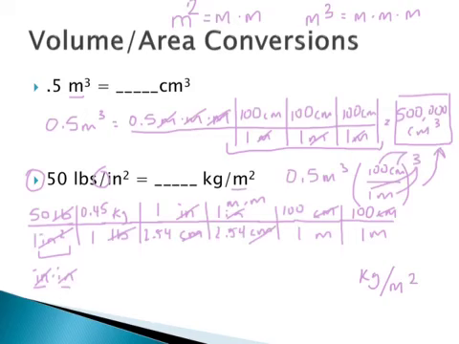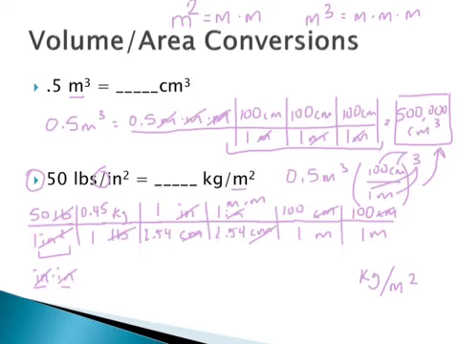And now to solve, you basically multiply the numerators, divide by all the denominators. So take out your calculator. You can start from the beginning, starting at 50. Take 50 times 0.45. Going all the way across, you can go times 1, times 1, times 100, times 100. That'll give you an answer. And then you want to divide by everything in the denominator.